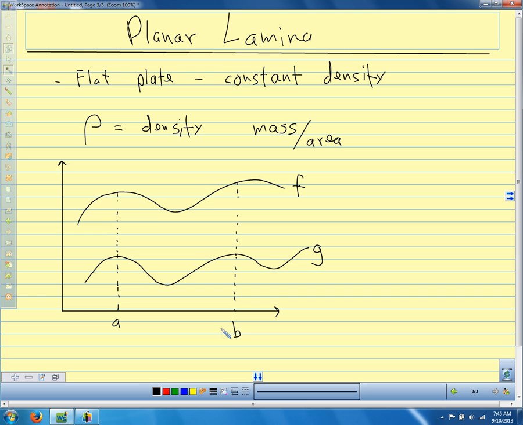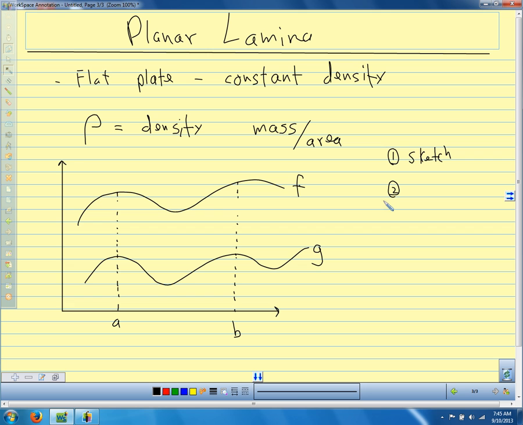So the problems you're going to be given will tell you, okay, find the center of mass of the region bounded by such and such and such and such, and then that's your problem. So what we're going to do is sketch my region in the XY plane. Make a little sketch, doesn't have to be beautiful, doesn't have to be perfect.